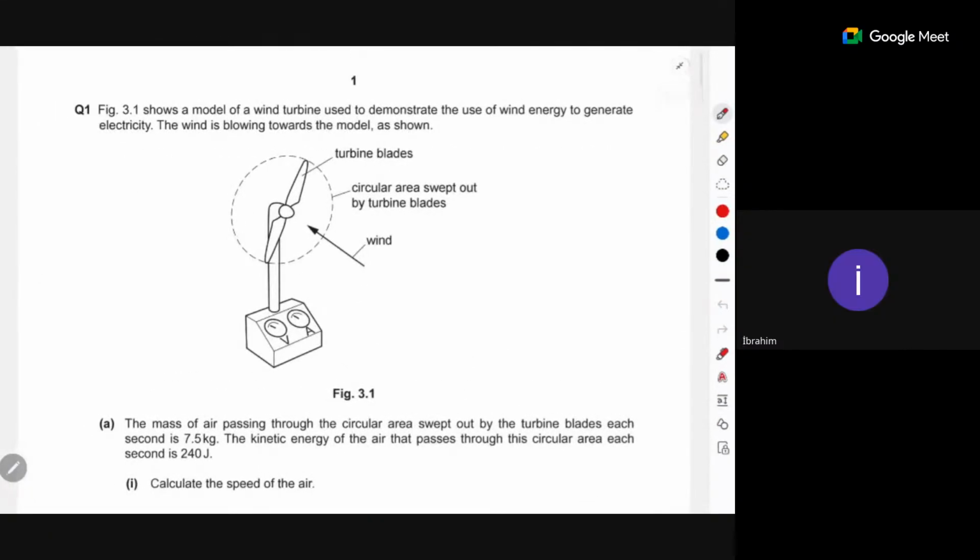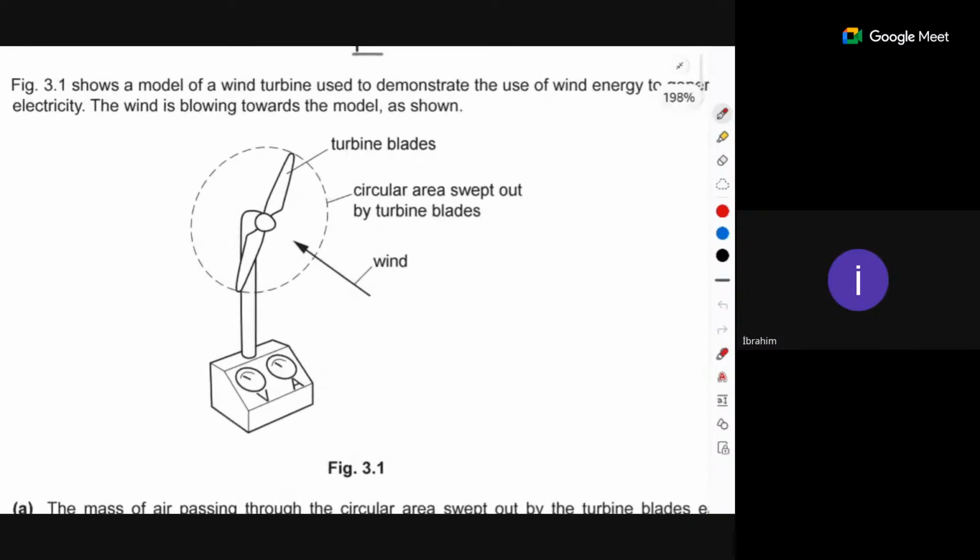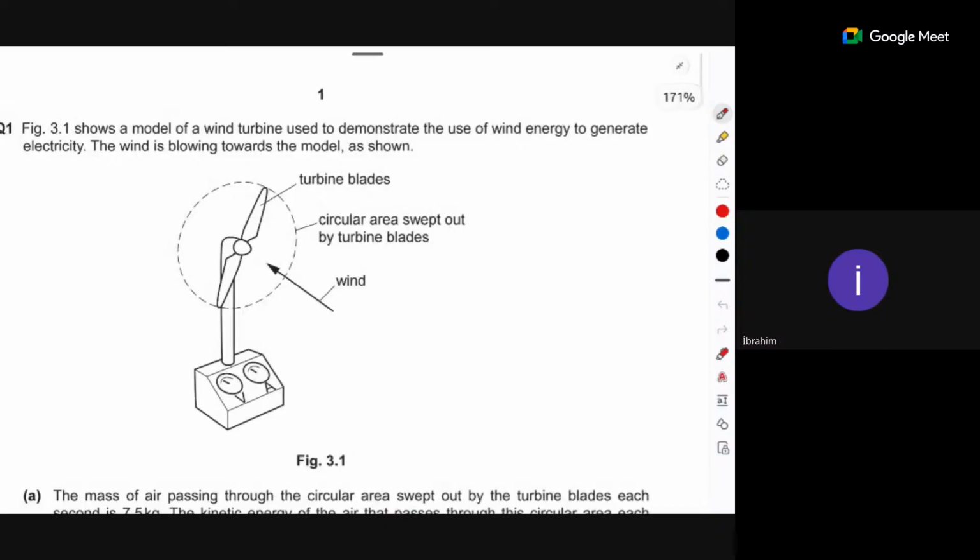Figure 3.1 shows a model of a wind turbine, used to demonstrate generating electricity. The wind is blowing towards the model as shown, onto the turbine blades.